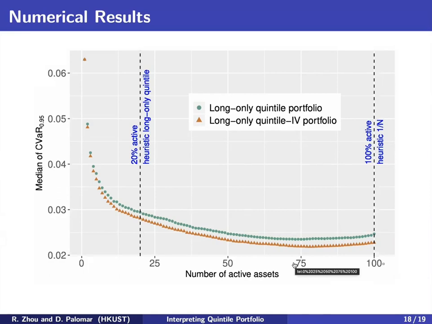That's quite an interesting result, because it tells us that practitioners who choose the heuristic long-only quintile portfolio actually underestimate the parameter estimation error. And practitioners who choose the heuristic 1 over n portfolio actually overestimate the estimation error. And if we can find a wise choice of the estimation error, then we might get a really good profit.